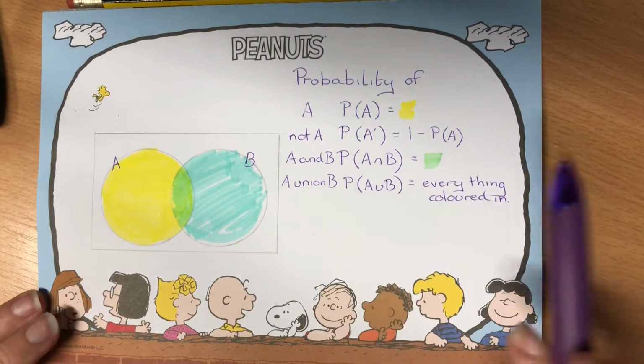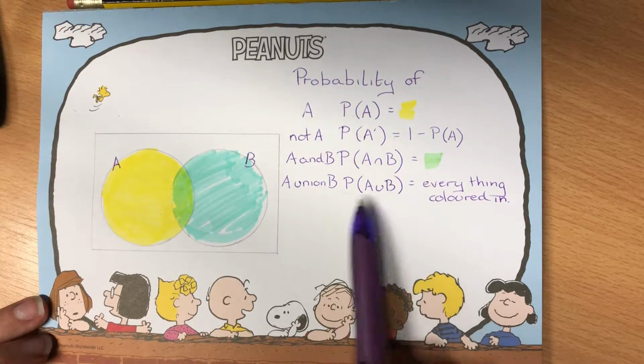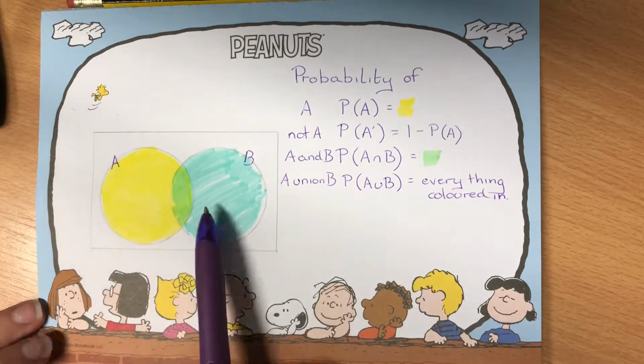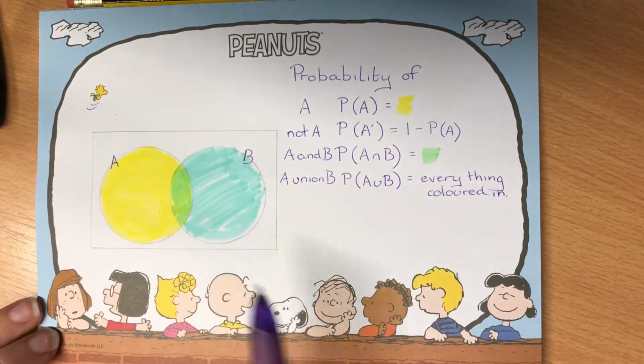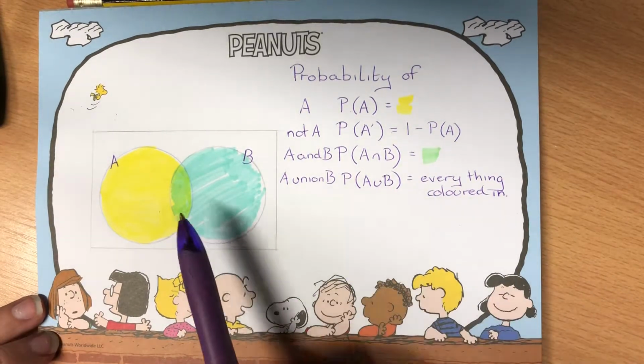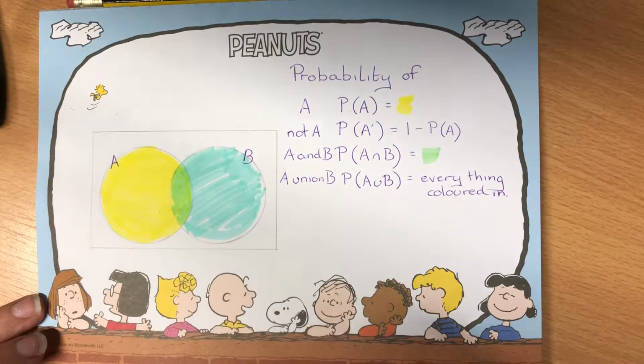So if we had the union of A, that's everything in A, then B, everything in B. So the union is everything that is there for A and everything that is there for B.